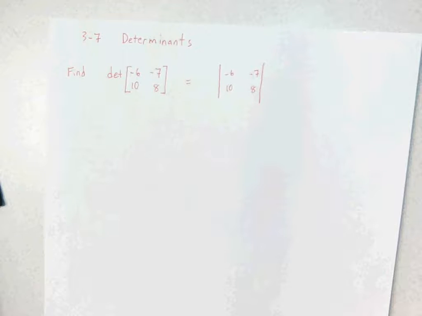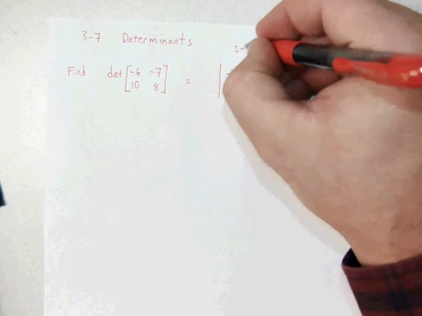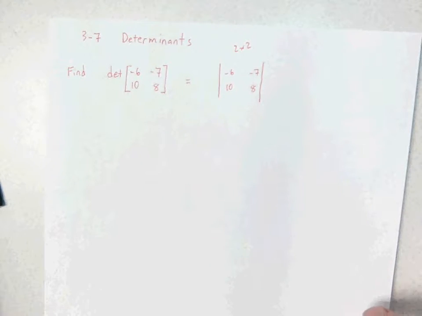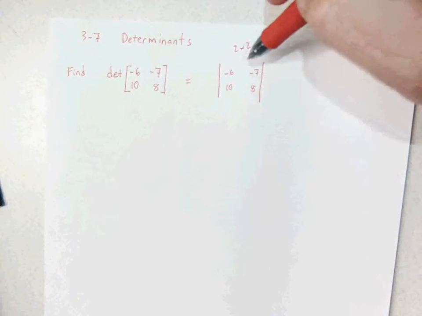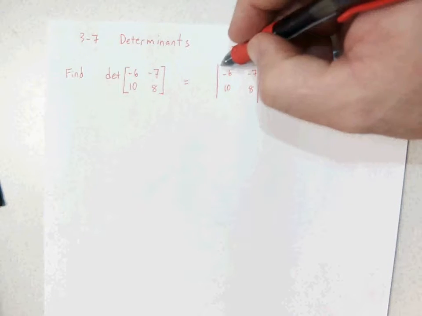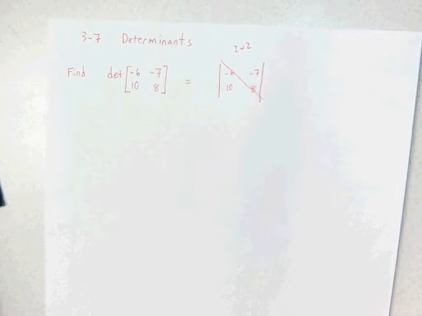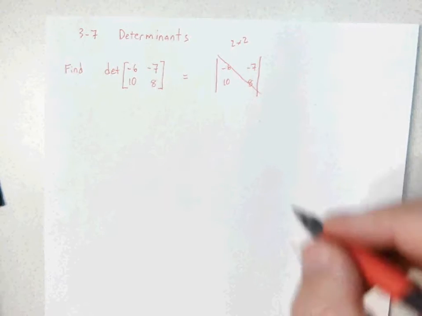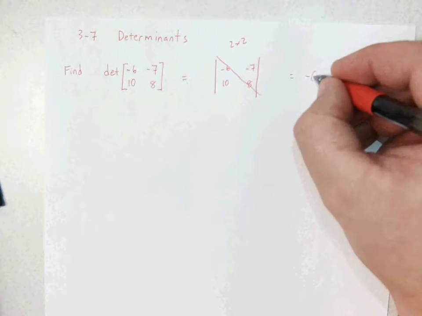As long as we have a 2x2 determinant like we do here, we kind of shortcut the process as opposed to a 3x3. Really, it's a little bit more complex, but we're just going to do the shortcut version for 2x2. You're going to do two basically cross products, diagonal products. We're going to multiply that product together. In this case, it's -6 times 8.